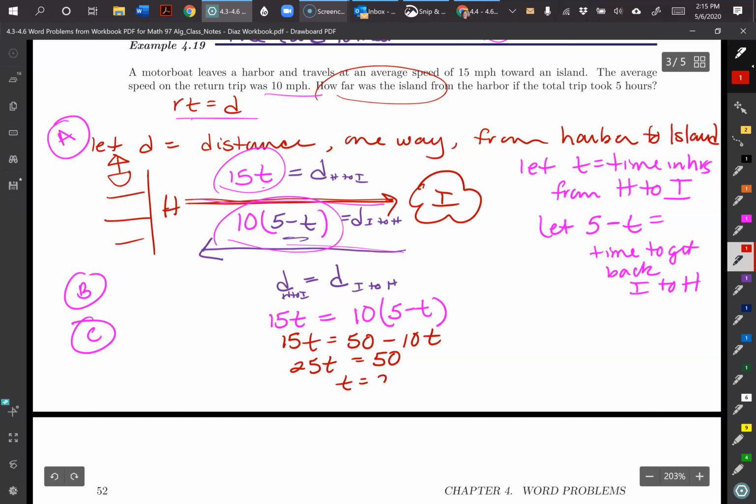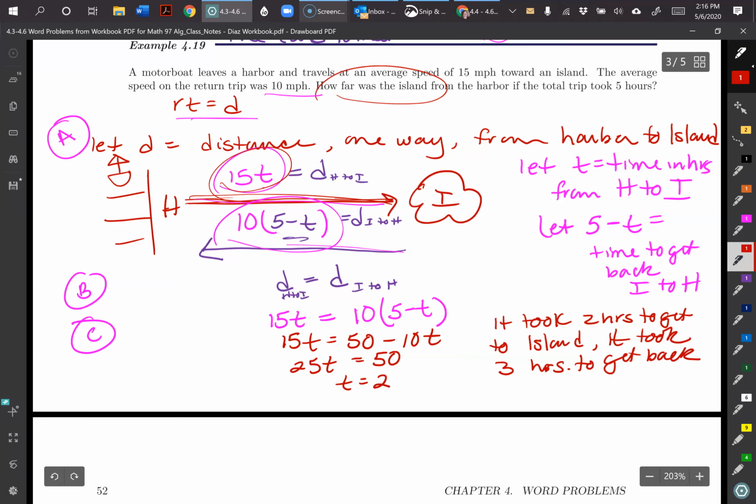I get t equals 2. Now that represents the time, right? 2 hours that it took. So it took 2 hours to get to the island, and then it took 3 hours, because remember that has to total 5 hours, to get back.